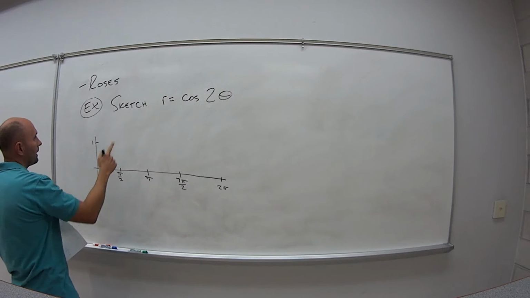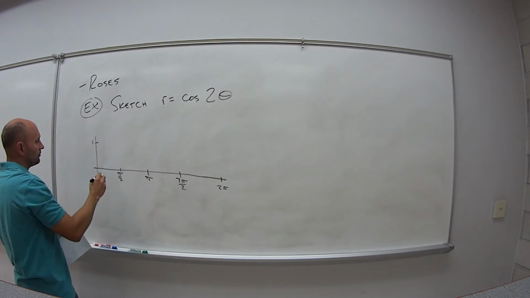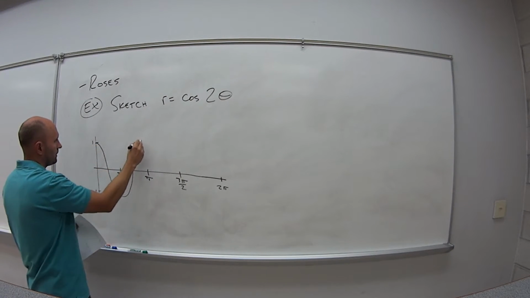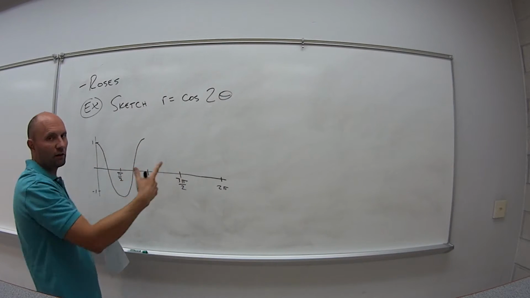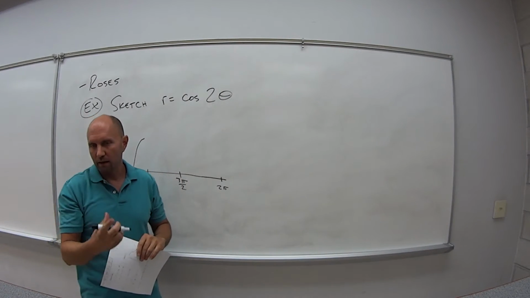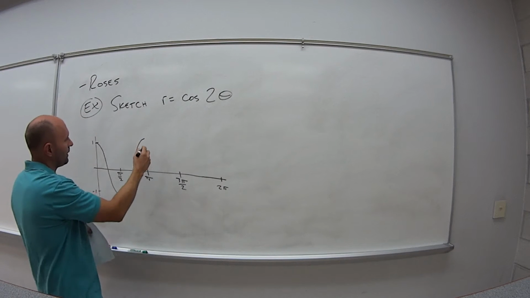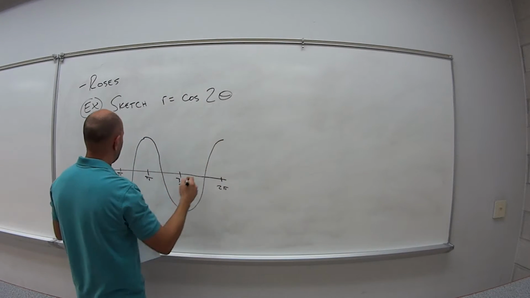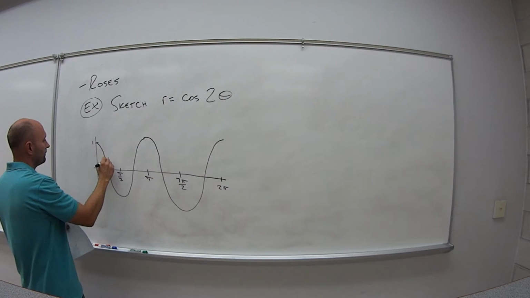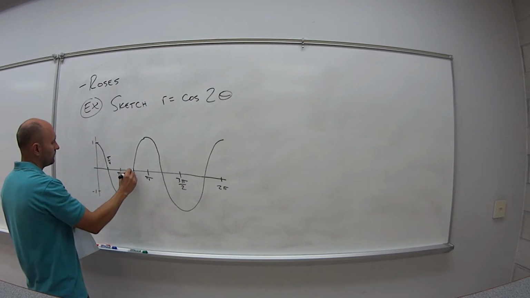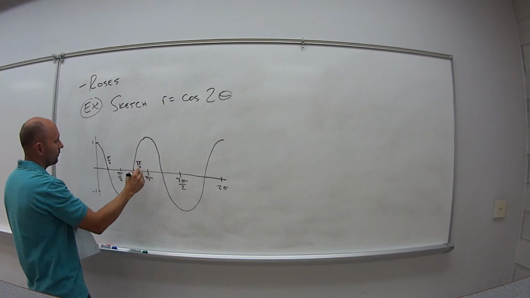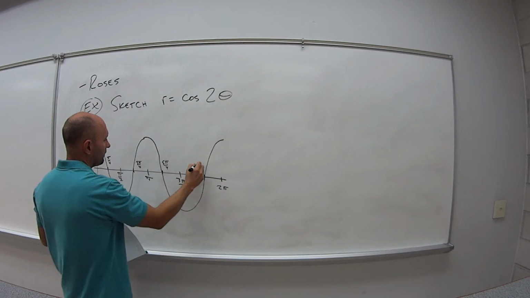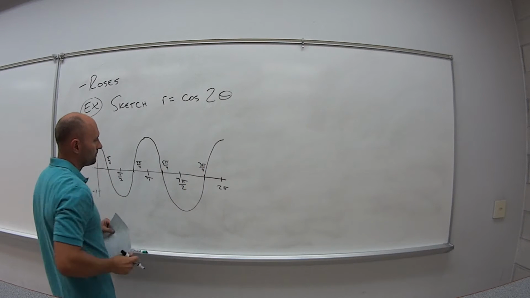So if I go 1 to minus 1, our amplitude hasn't changed. But now, instead of making a complete cycle in the distance of 2 pi, it's now made the complete cycle in pi. So it makes another one by the time I get to 2 pi. So these values here are pi over 4, 3 pi over 4, 5 pi over 4, 7 pi over 4.